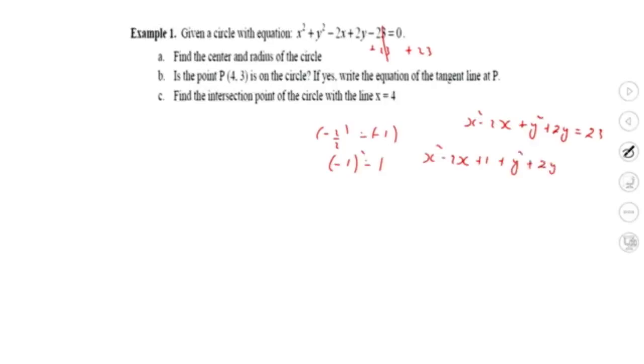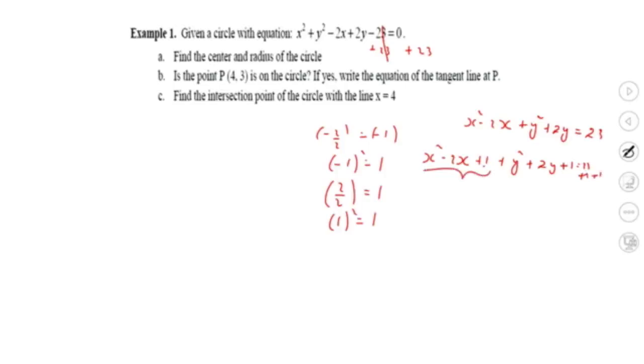Again, let's divide 2 by 2, which is positive 1. Then square it, 1 squared, which is 1. Then let me add 1 here, equals 23. Since I added 1 here, I also added 1 here. So plus 1, plus 1. Then the whole equation becomes this one.